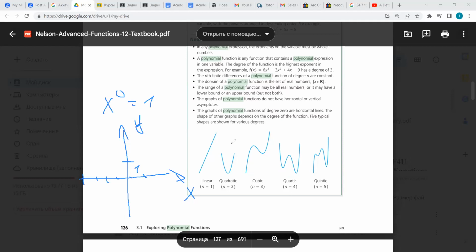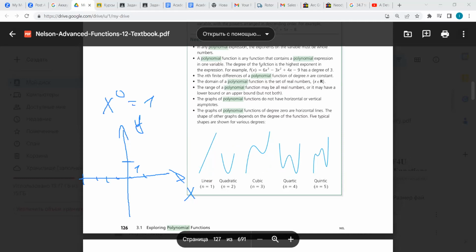If you know these five general shapes of a polynomial function, you can easily distinguish them from one another because these shapes, like a parabola, then this curve for a cubic function, they all are repeating themselves.